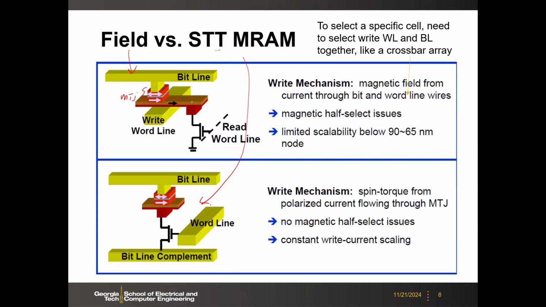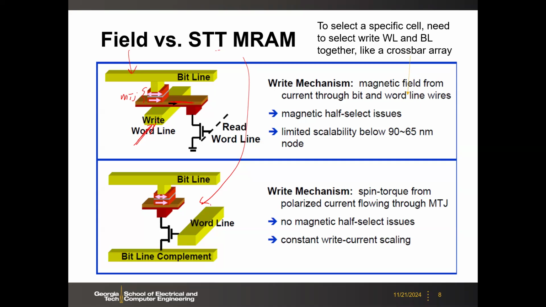Here in the middle you have some floating or middle line, that's wire, that's interconnect. The principle is that when you write the data, you are going to apply a large current to the write word line.